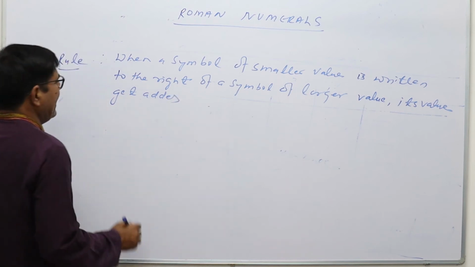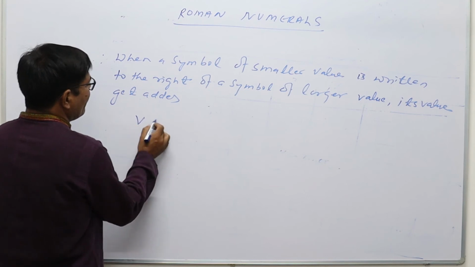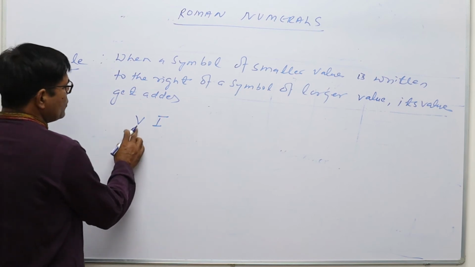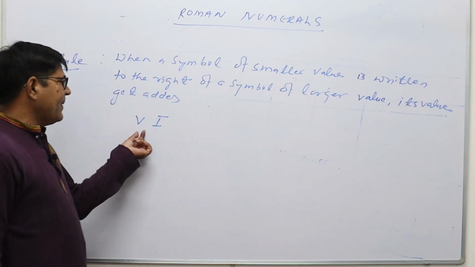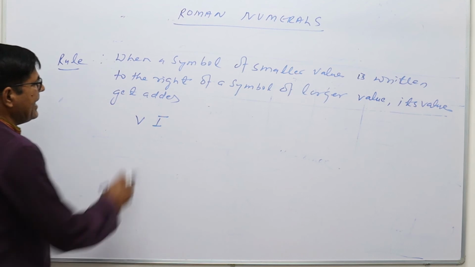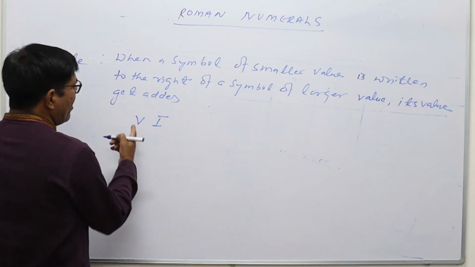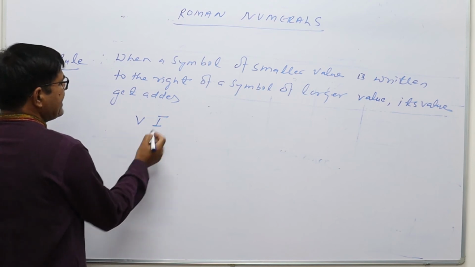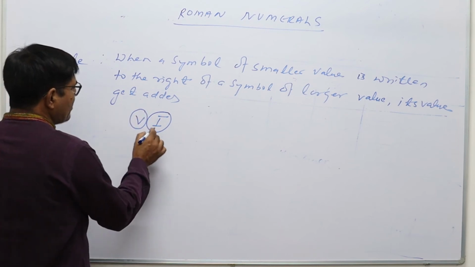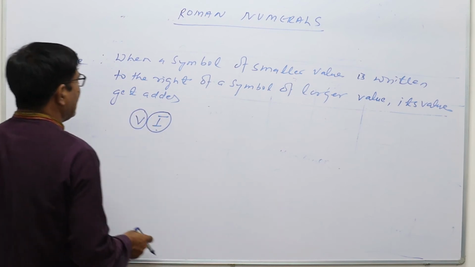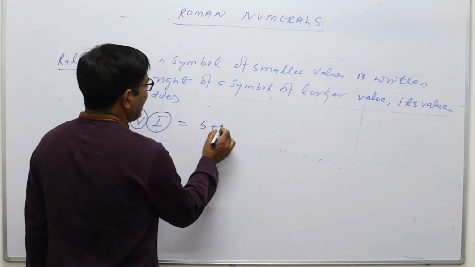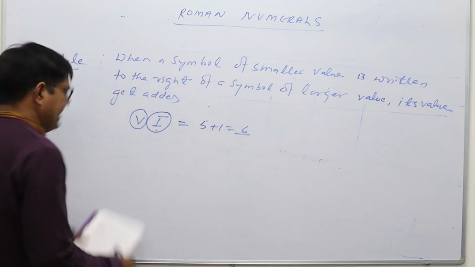For example, the Roman symbol is VI. Here if we observe, V always represents 5 and I always represents 1. So here I is written to the right side of the larger value, or we can say the value of I is smaller than the value of V, and the smaller value symbol is written on the right side of the larger, so it will be added to the larger number, that is 5 plus 1, so it represents 6.